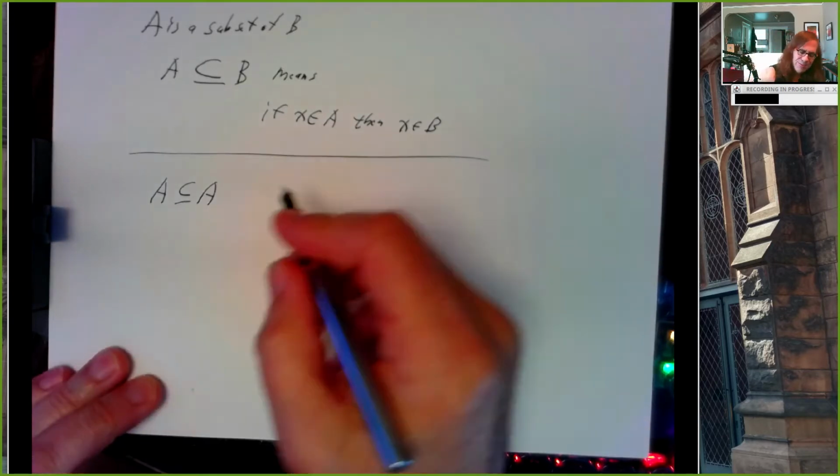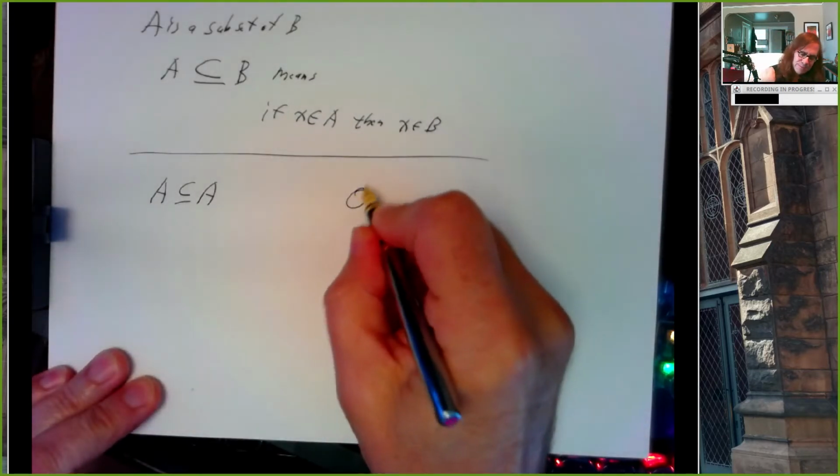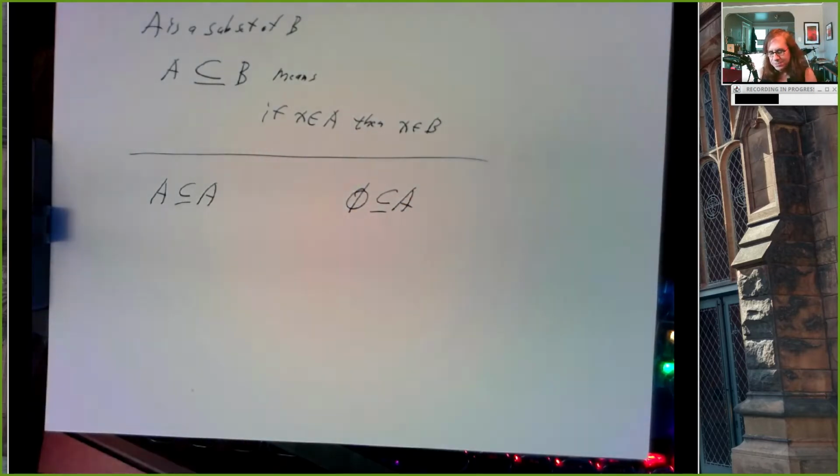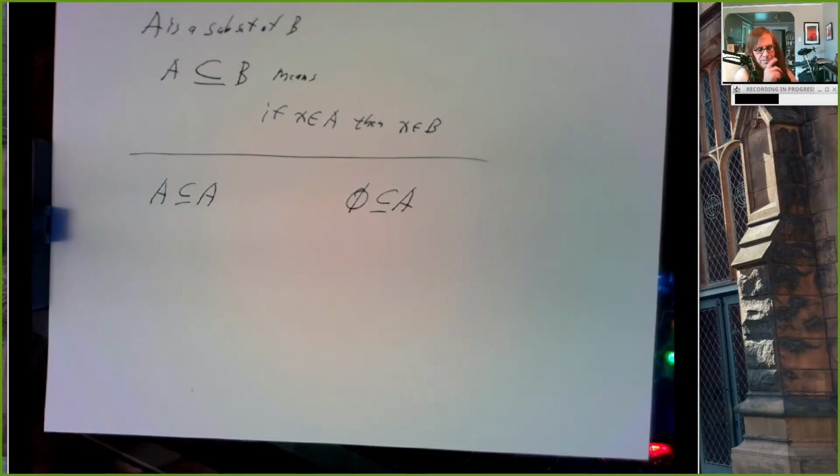What's even a little more peculiar, the empty set is actually a subset of A. And this one gets a little stranger to think about. But look at our definition.